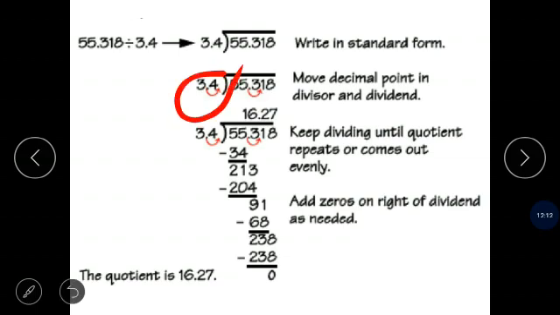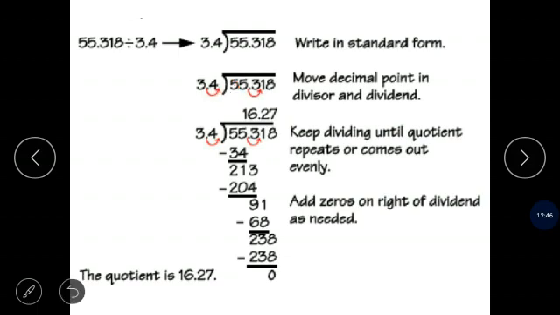You know the table of 34, you don't know the table of 3.4. So it is compulsory to move the point. If you move the point one place in the divisor, you have to move the decimal point the same number of places in the dividend also.